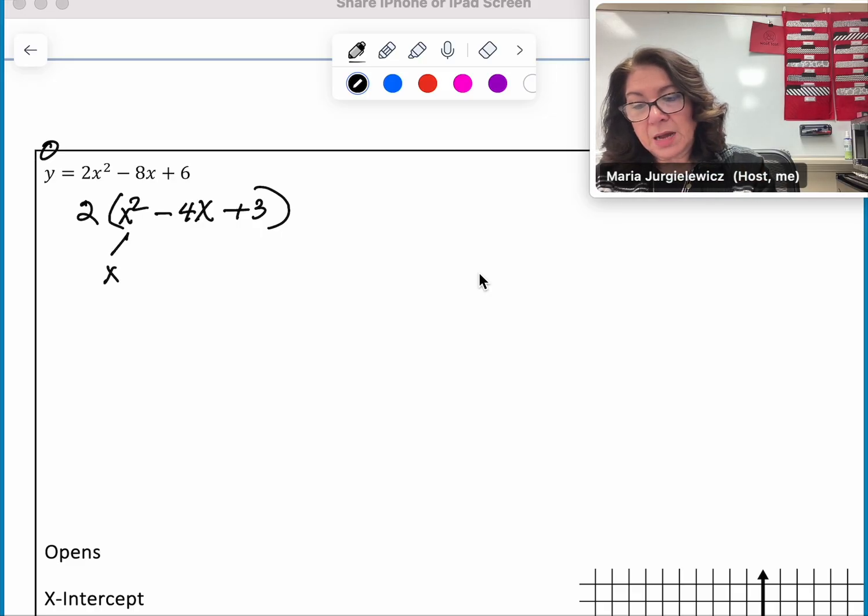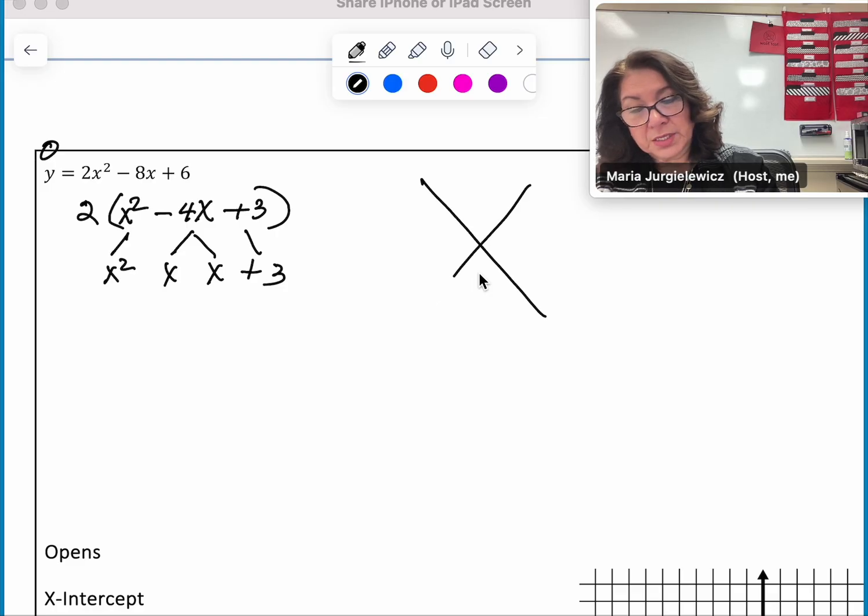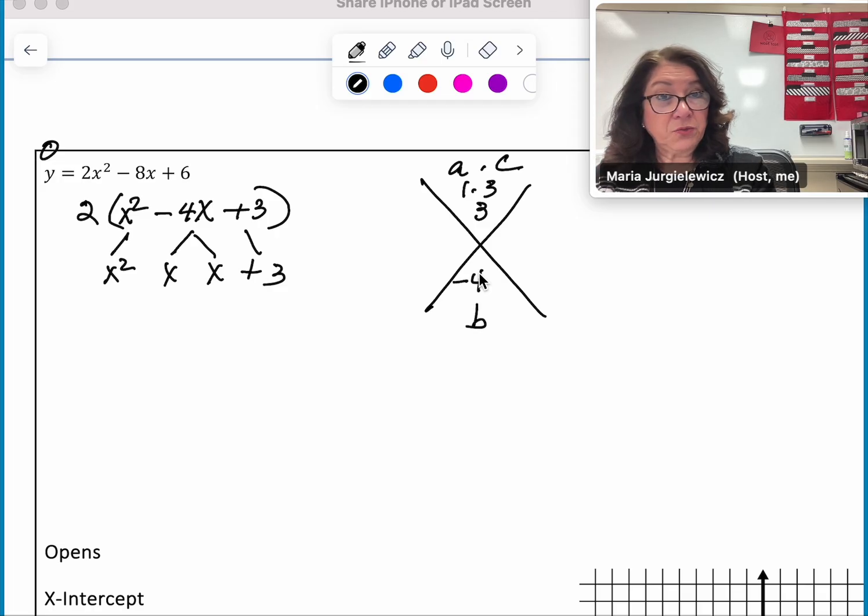So we're going to copy the a value, copy the c value, and we're going to split that middle. I'm going to do a times c, so that's 1 times 3 is 3, and my b value is negative 4. Well, factors of 3 are 1 and 3.